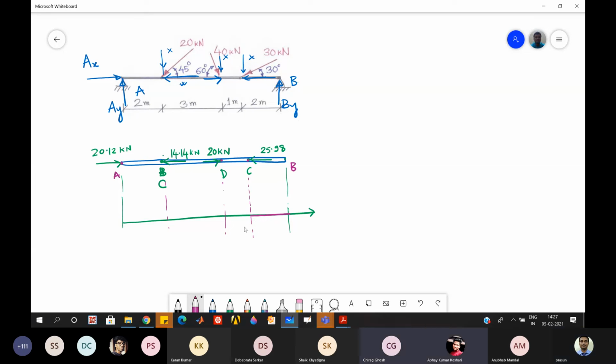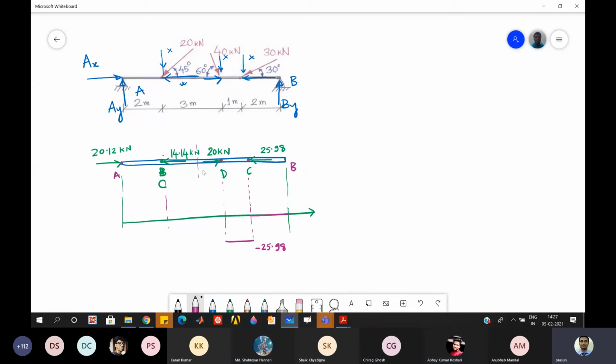Minus 25.98. So it will be compressive. And then what about this CD portion? Minus 5.98.